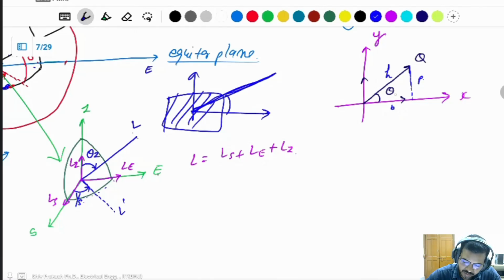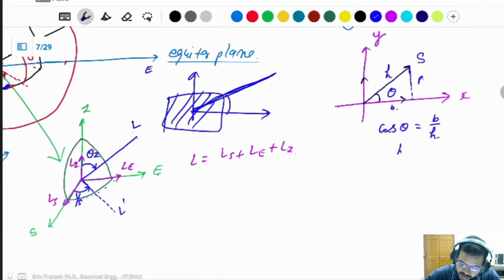Then use cos here, and what will be the cos theta? Base to the hypotenuse. So if you confuse this one with q, I can take another like s. Cos theta will be the base to the hypotenuse.